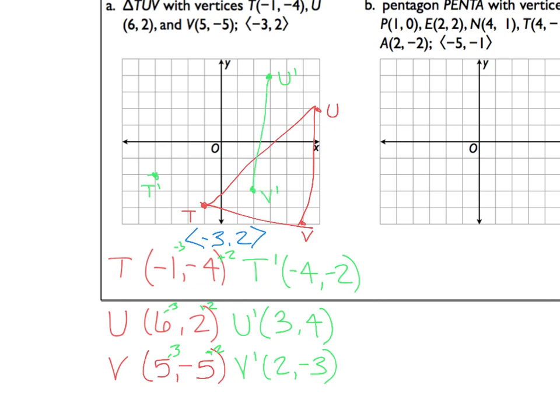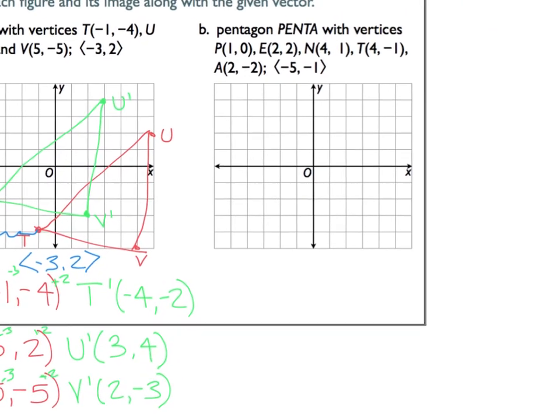You'll notice it's a congruence transformation because we are not changing the shape or the size, we're just sliding it. We've slid this 3 to the left and up 2, and if you look at our points, that's what we did. T to T prime is 1, 2, 3 to the left, 1, 2 up. That -3 represents the 3 to the left, and the 2 represents the up 2.